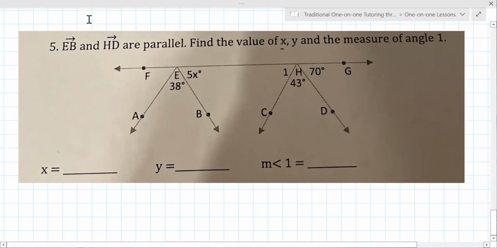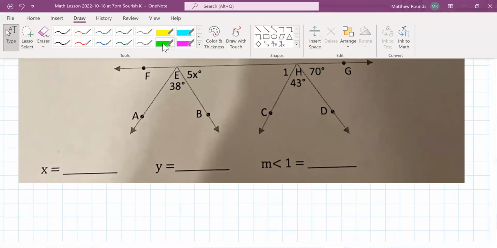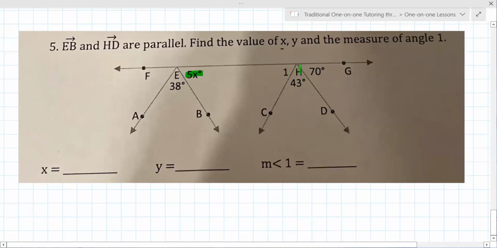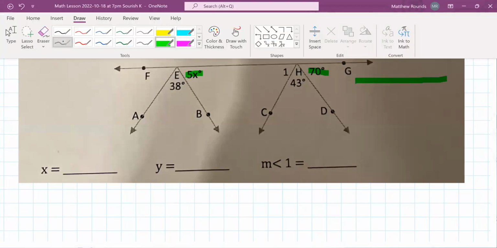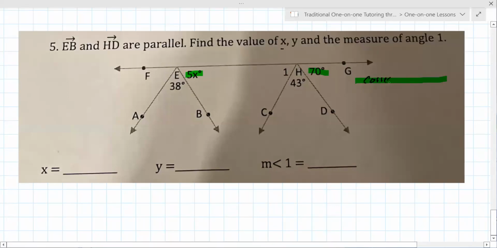Okay. Now this one's a little bit awkward. So rather than trying to explain, I'm going to show you that 5x and 70, they are corresponding. And what do you remember about corresponding angles from earlier?